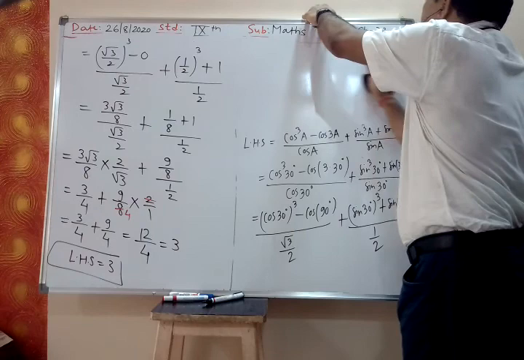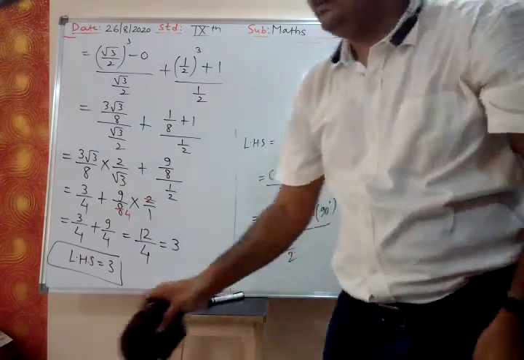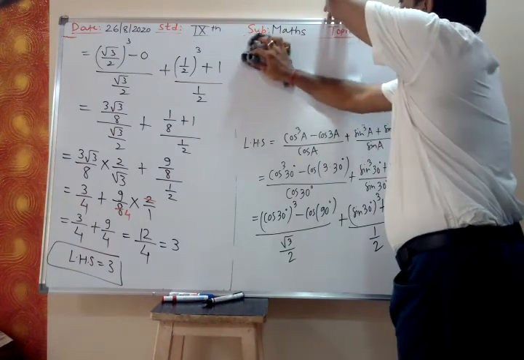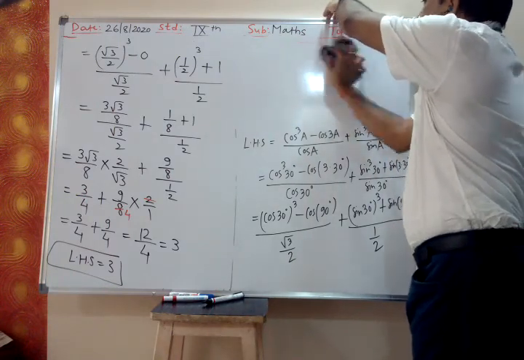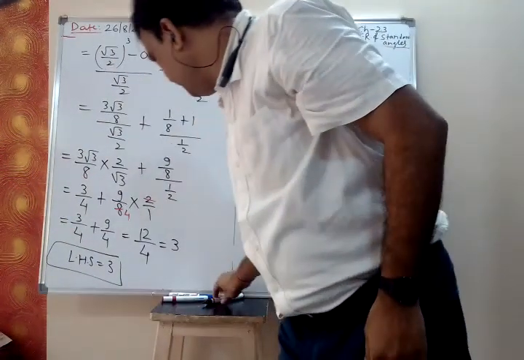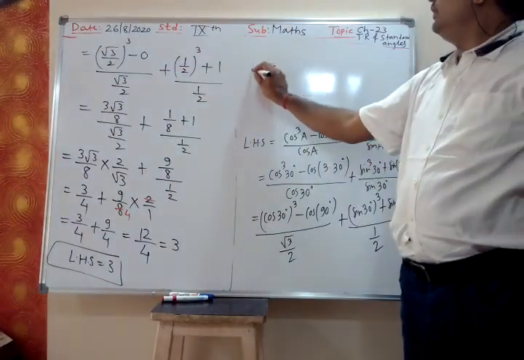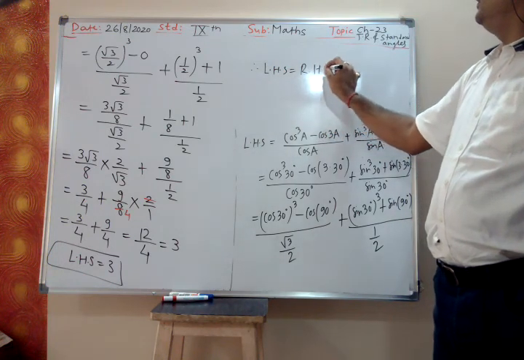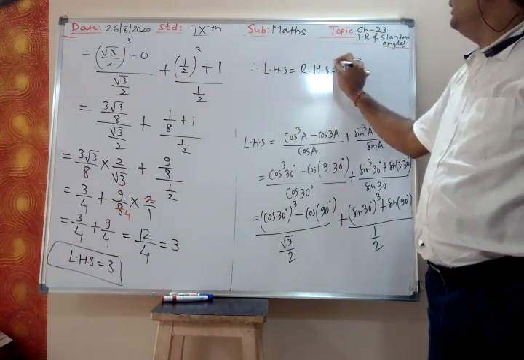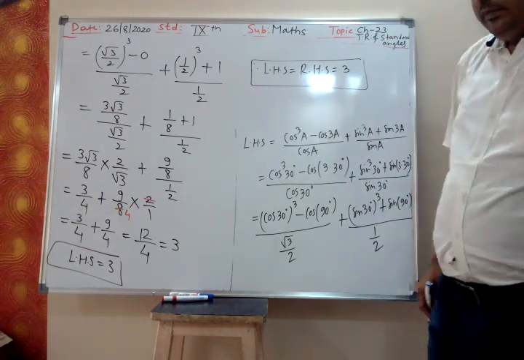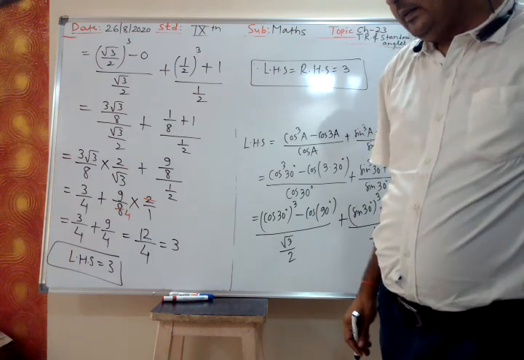Left hand side is equal to right hand side is equal to 3. So we write that the left hand side is equal to the right hand side is equal to 3, and we stop there. So this completes 23rd B.